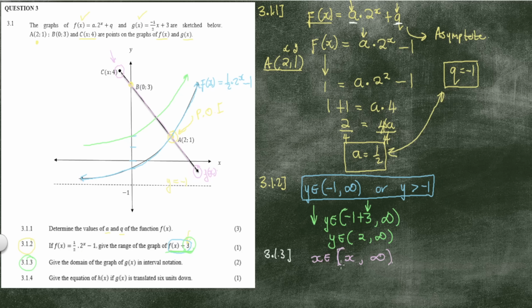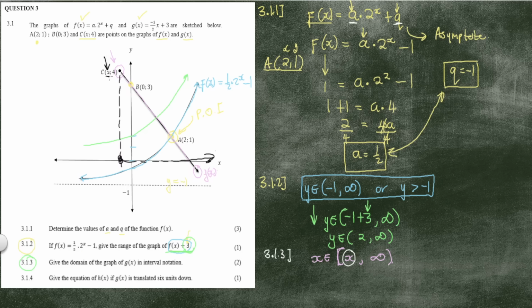In fact, we include the x. But which x am I referring to? This x value. The x value for the C, because the domain starts here from the x value of the C point all the way up to infinity.